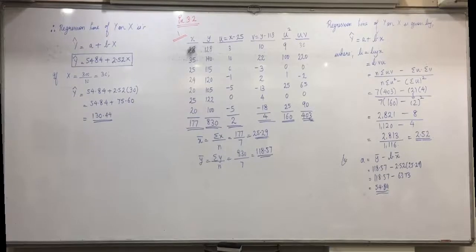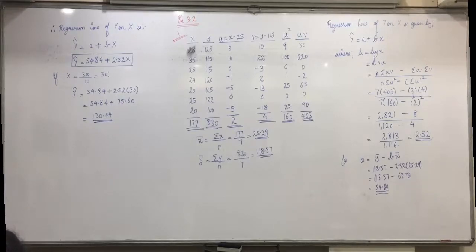So, write down below that: Thus, if 300 kgs of fertilizer is used, then yield of cotton will be 130.44 quintals.